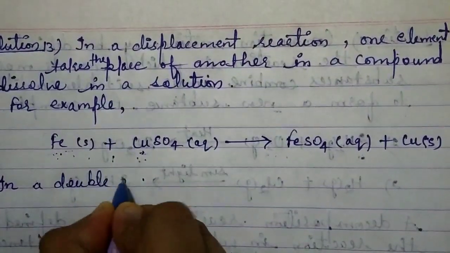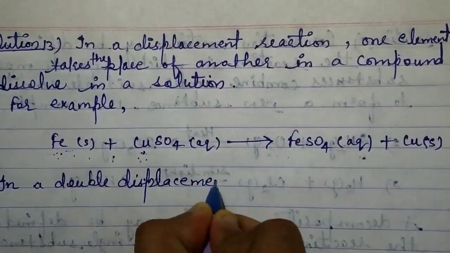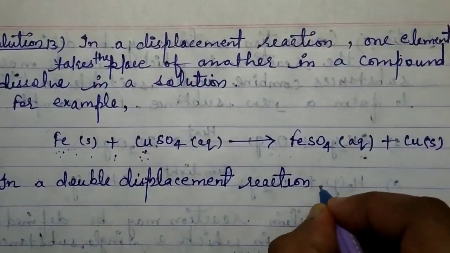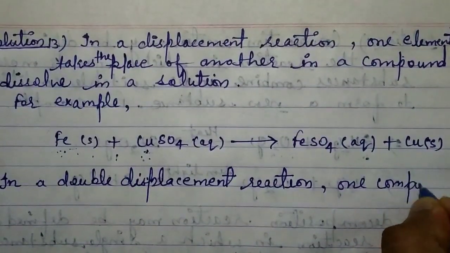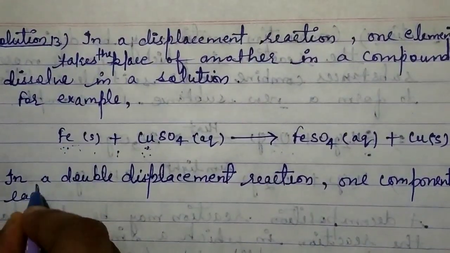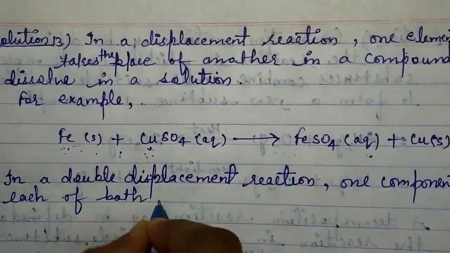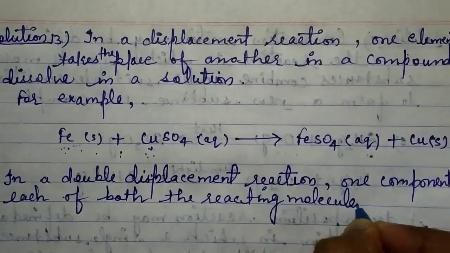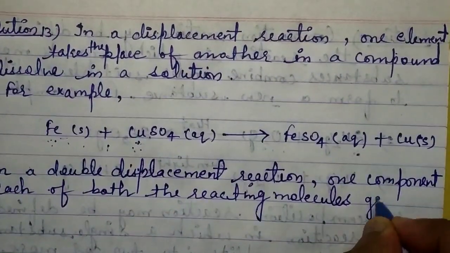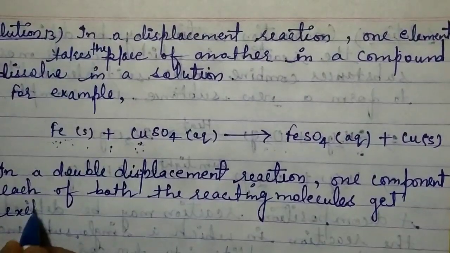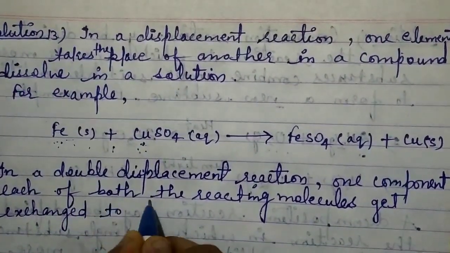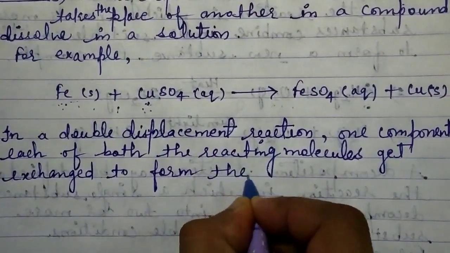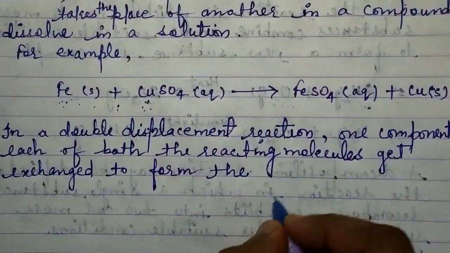a double displacement reaction, one component each of both the reacting molecules get exchanged, okay, to form the products.